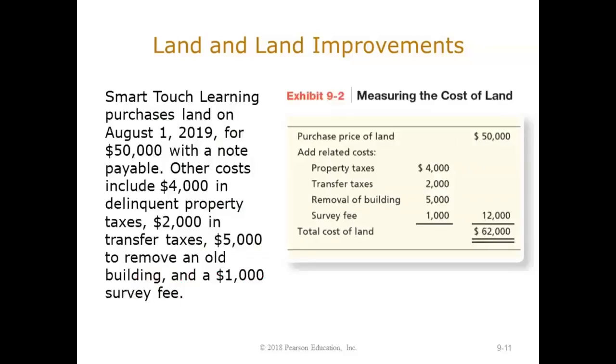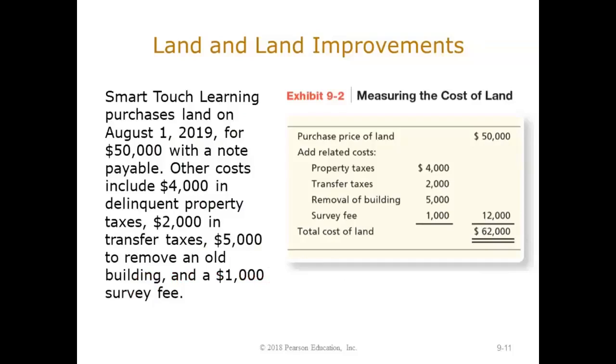Now let's take a look at measuring the cost of land. Smart Touch went ahead and purchased land on August 1st for $50,000 with a note payable. Other costs included $4,000 in delinquent property taxes, $2,000 in transfer taxes, $5,000 to remove an old building, and a $1,000 survey fee.